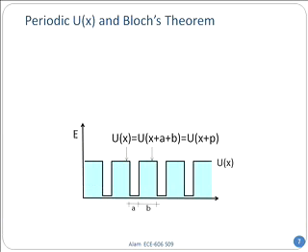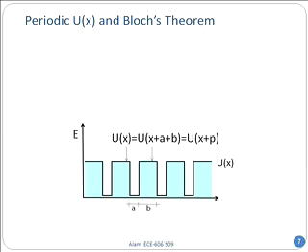Now, remember where that comes from, or see how it comes from. The main feature of this potential is that if you take any given location x, and the potential corresponding to that x, assuming that x equals 0 is the origin on the left, and that can be any arbitrary origin, then you can see that when x is displaced by a plus b, the potential is the same.